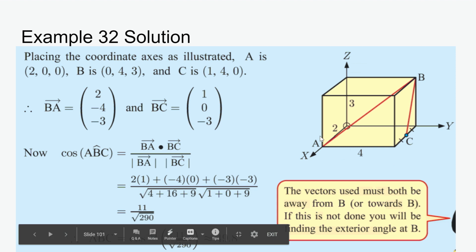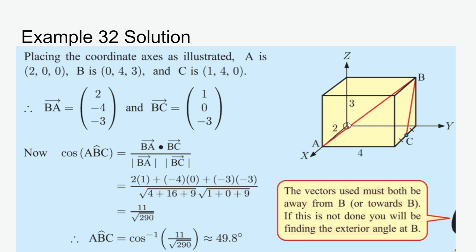If I go ahead and put this onto a coordinate plane where I have 0, 0, 0 in this back corner here, I don't have to put it there, but that's just the way I chose to do it. That makes vector BA 2, negative 4, negative 3, and vector BC is 1, 0, negative 3.